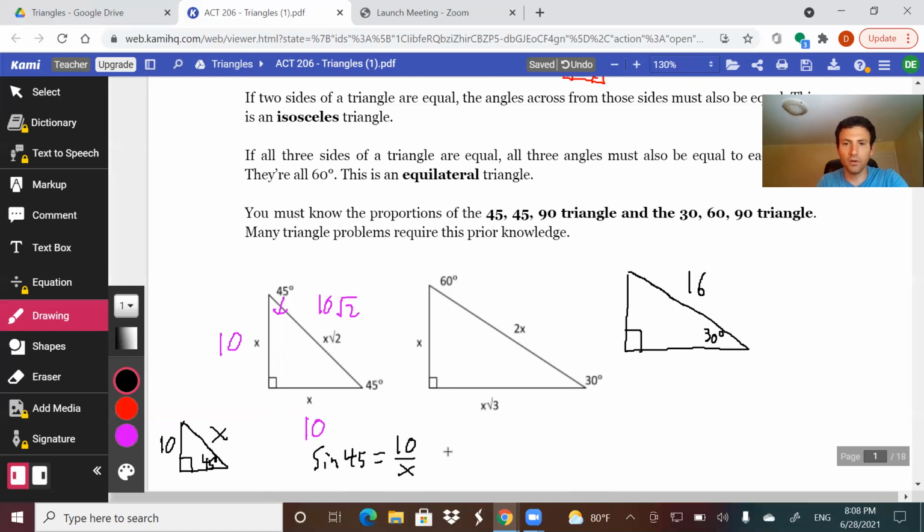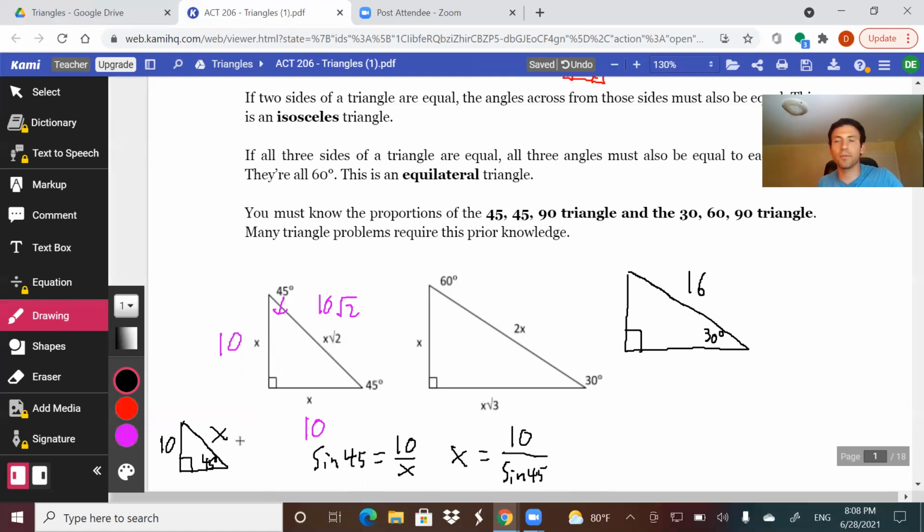And then you'd say, okay, so x equals 10 over sine 45. Again, not wrong. You will get the right answer. So nothing wrong with it, but it takes a little bit longer than just knowing base, and then root 2 times the base is the hypotenuse.